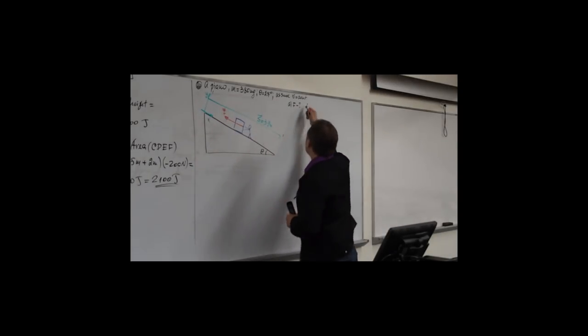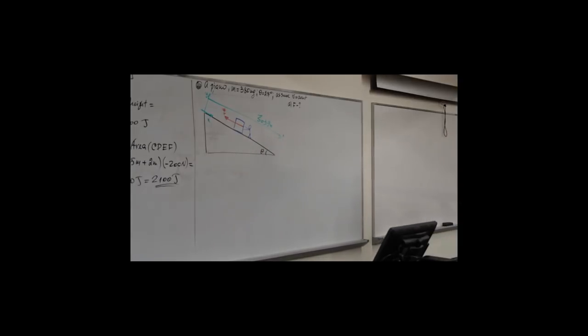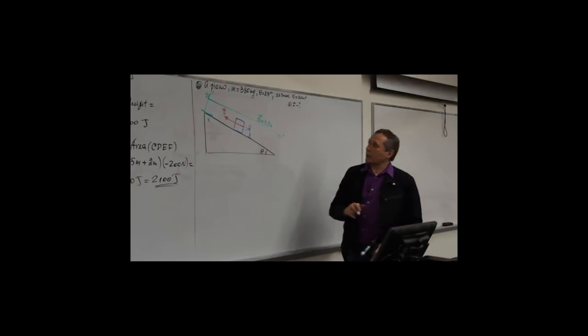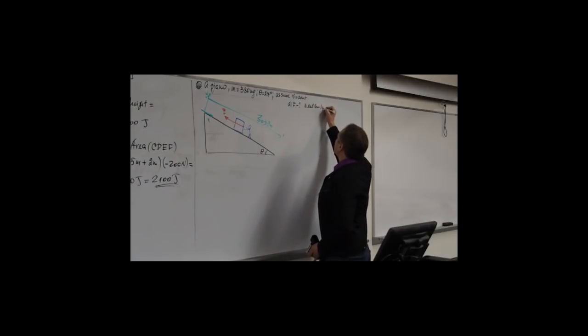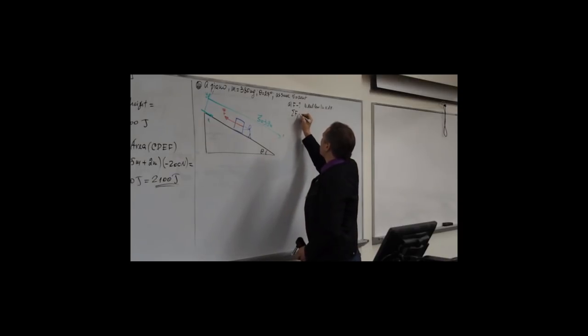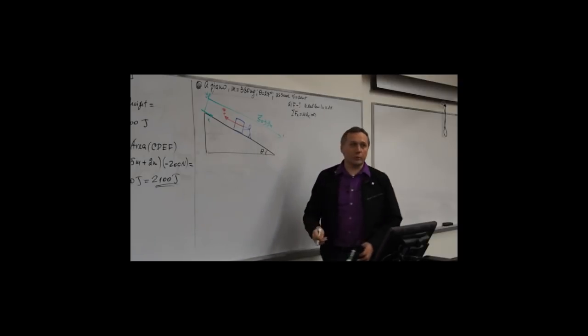So let's find the force. I will apply Newton's second law quickly because it's from our past. I'm sure that you know how to apply Newton's second law. Let me apply Newton's second law in the x direction. So net force in the x direction equals mass times acceleration in the x direction. Old form of Newton's second law.